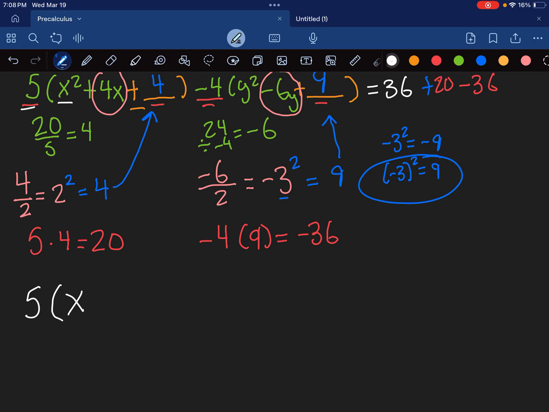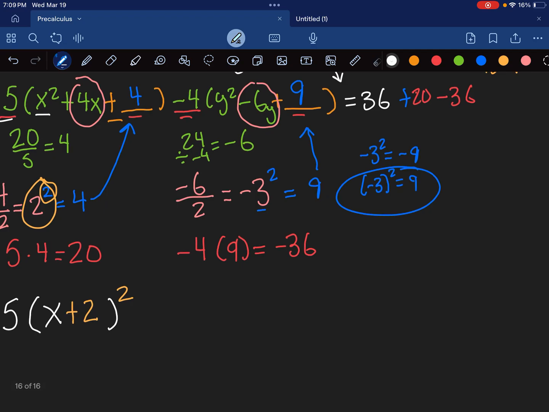Our next term is going to be this part right here, the number before we squared it. We know that this is a +2, so we're going to do +2 right there. And then always make sure you add the square to the outside.